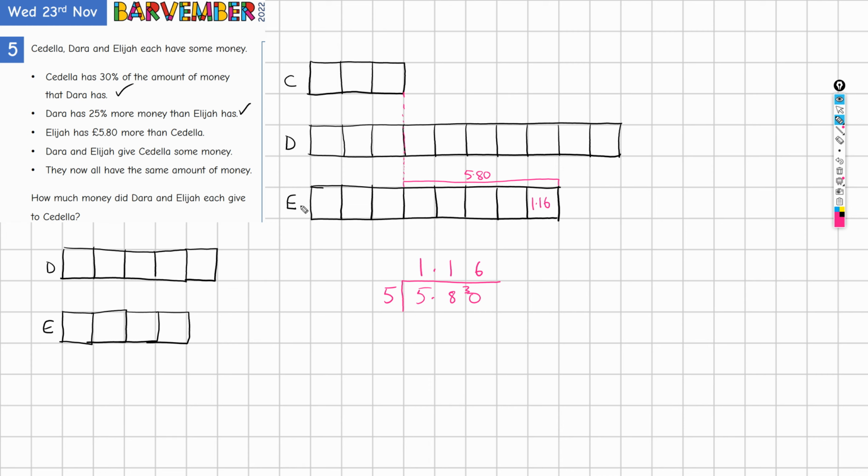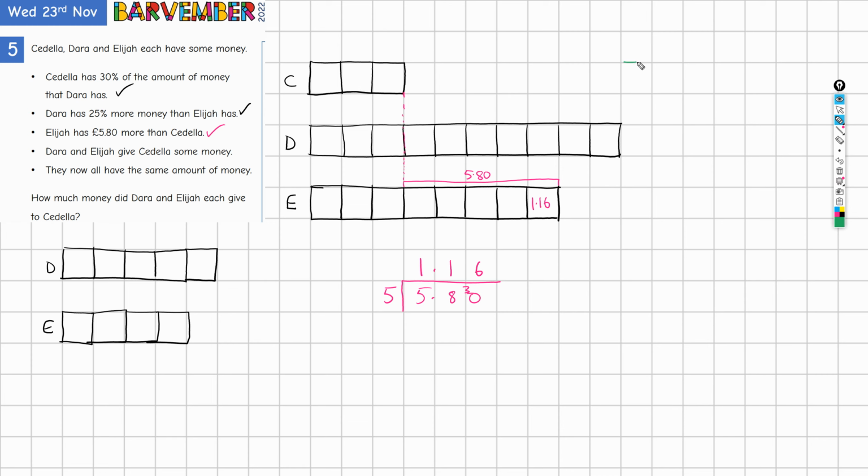Right, where are we now? We're told that Dara and Elijah give Cedella some money, so that they now all have the same amount of money. So all of these parts are going to be redistributed so that they each have the same. So let's look at how many parts there are in the whole model. We know that's 10, that's 18, 19, 20, 21.